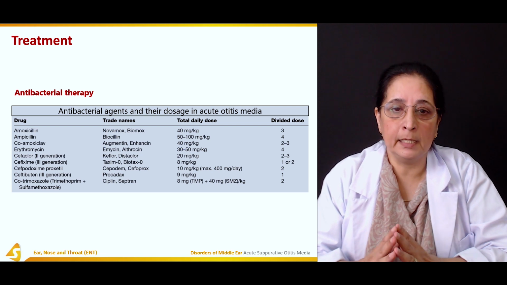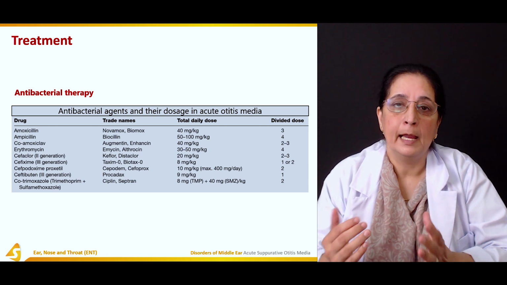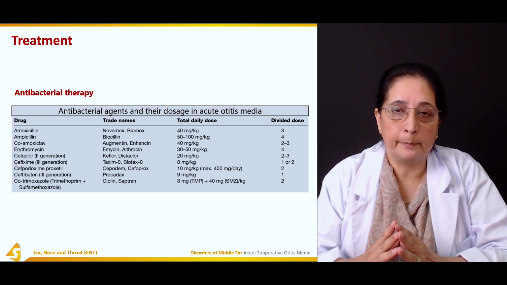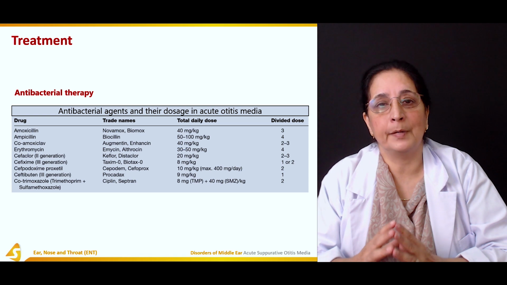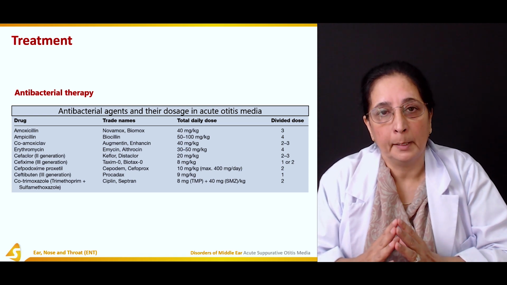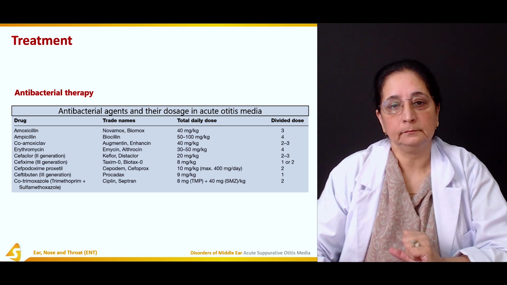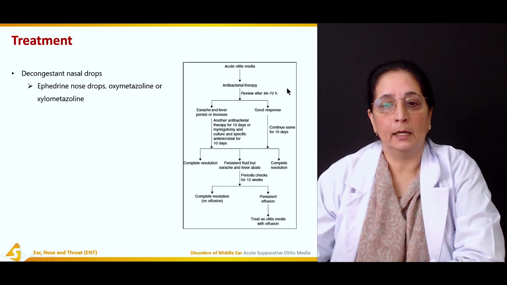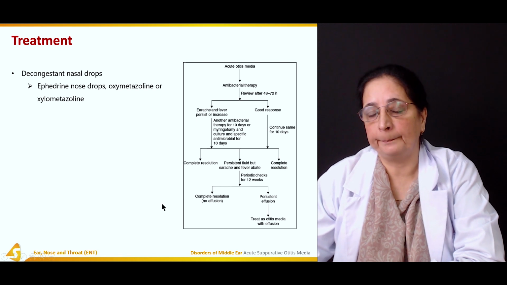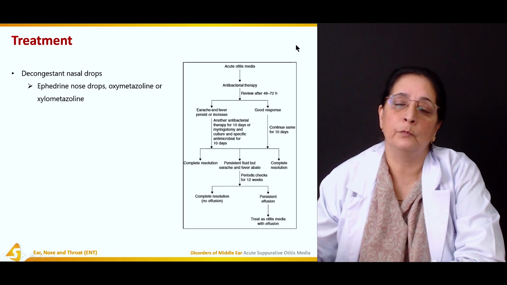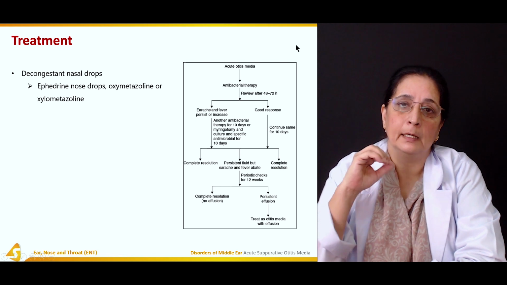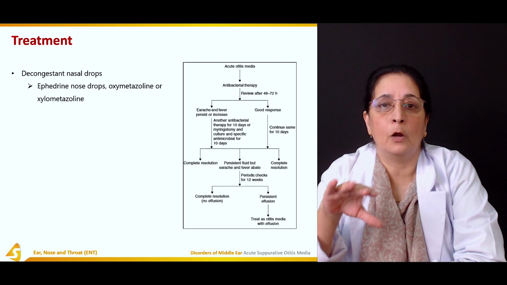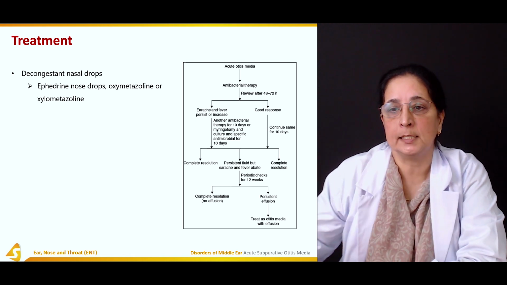And then it's a very painful condition, and sometimes as a result there is perforation of the tympanic membrane and there is pussy discharge from the middle ear. And then this is how we can actually treat, mainly the two paths for treating acute otitis media.